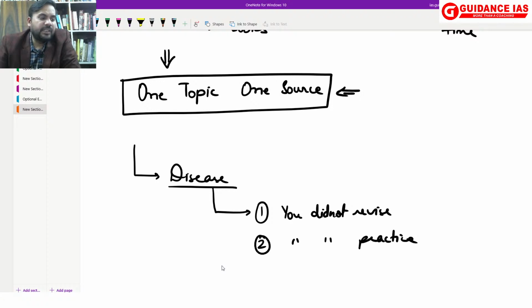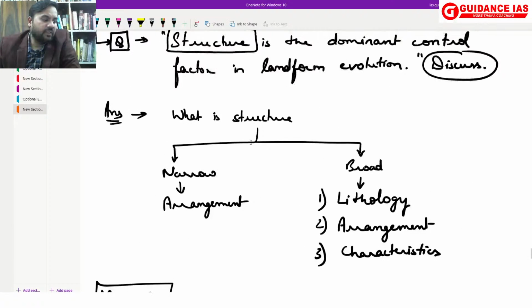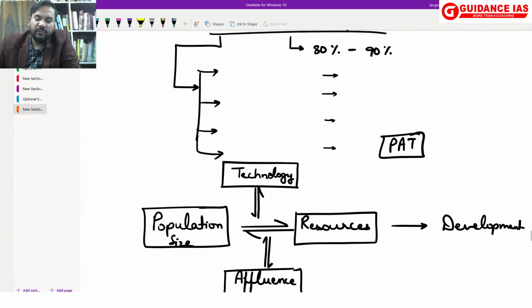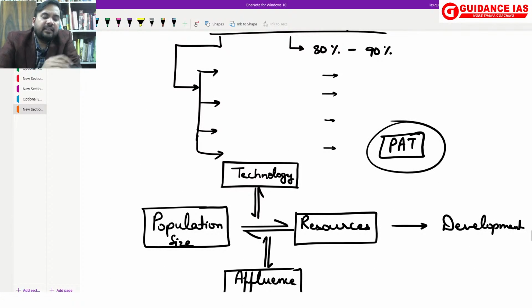ठीक है? अभी जैसे हमने देखा, we talked about this PAT. Tell me, can I say this concept I can use at so many places? So many questions are being asked on this relationship of population and resource. Can I say that most of those questions can be answered on these simple 3 variables: population, affluence, and technology?